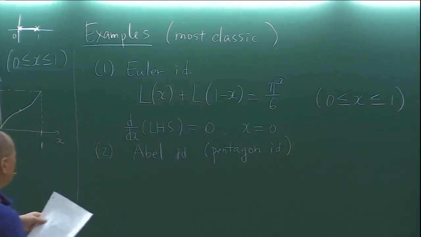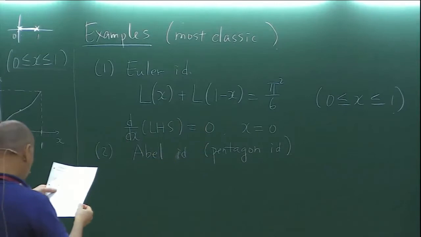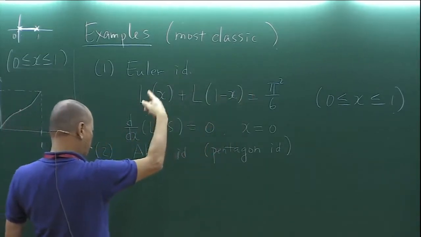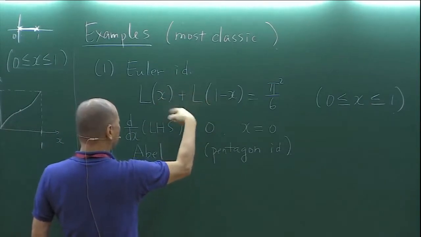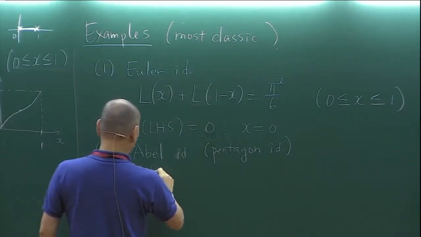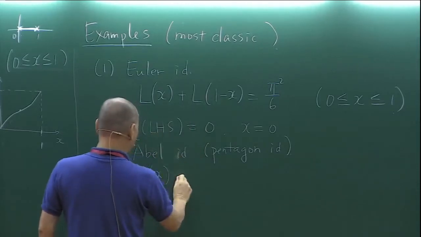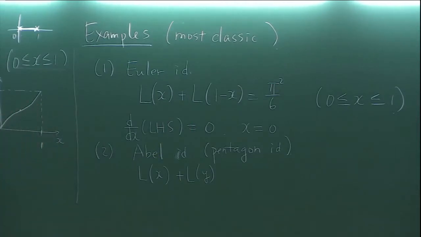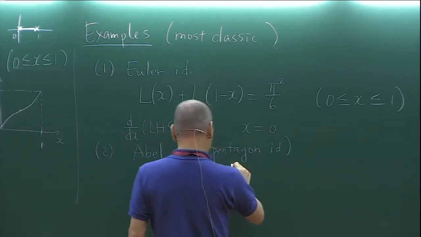It is a generalization of this identity to two variables. So we have now not only one variable, but also another independent variable, x, y. And they satisfy the following relation.